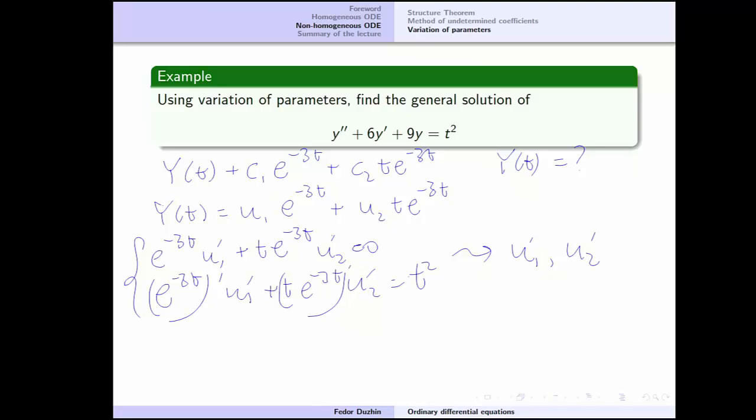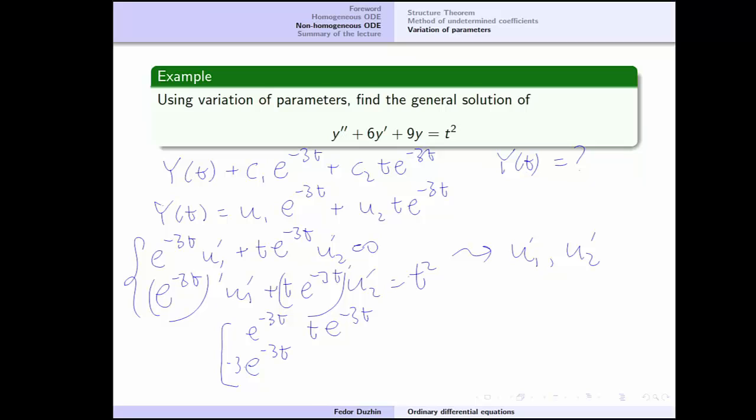And let me write down the extended matrix of this system. So the extended matrix of the system, the coefficients are e to the minus 3t, t e to the minus 3t, then the derivative of e to the minus 3t is going to be minus 3 e to the minus 3t.